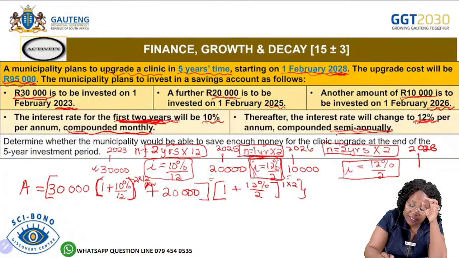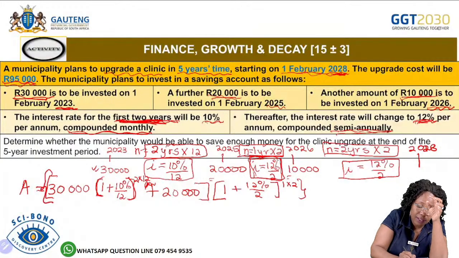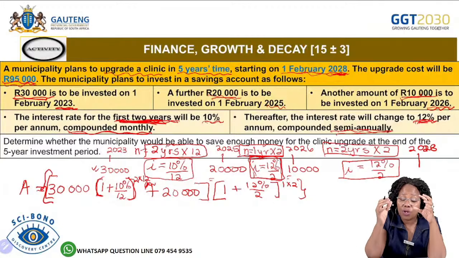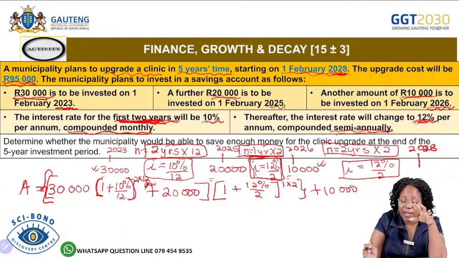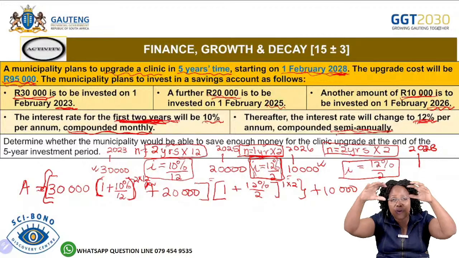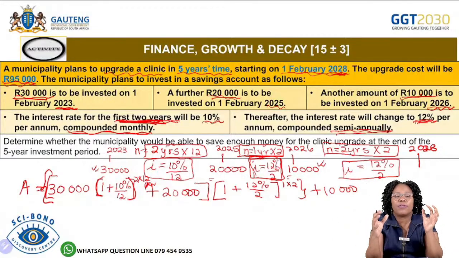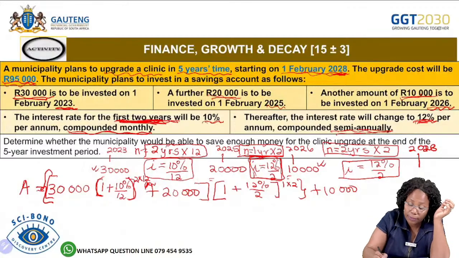After investing this amount, this is the amount in our account. We now put in 10,000. That is that 10,000 there. And then whatever the whole value we have, we are now investing for the last time for the remaining period of 2 years.